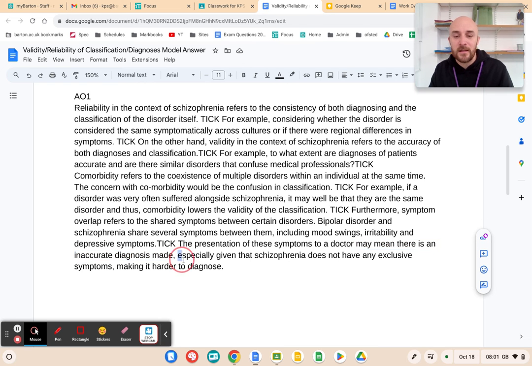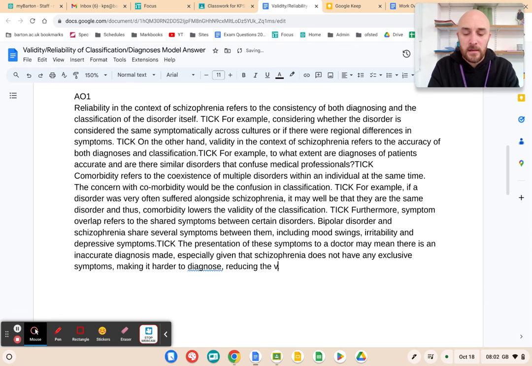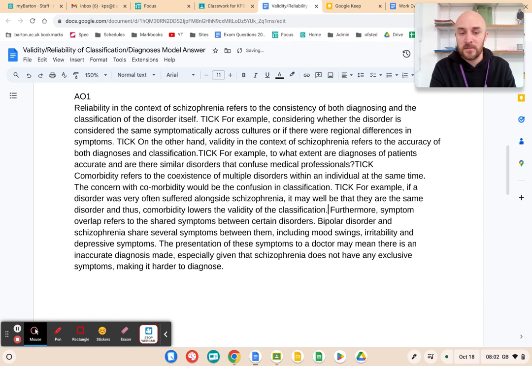I've also then put here, especially given that schizophrenia does not have exclusive symptoms that are only schizophrenic, which makes it harder to diagnose. So what I really should have done there is say reducing the validity of diagnoses. Now, what I could have done is I'm just going to take that out because that goes against what I'm doing here.